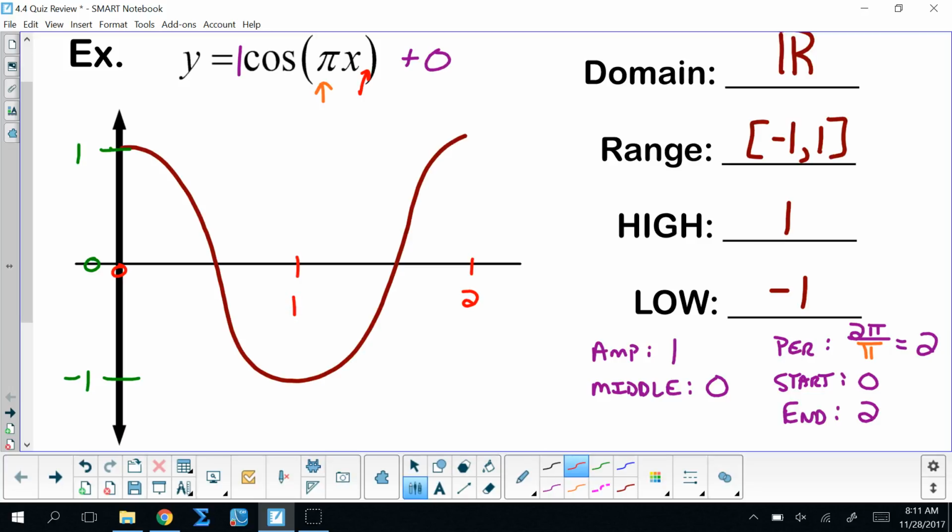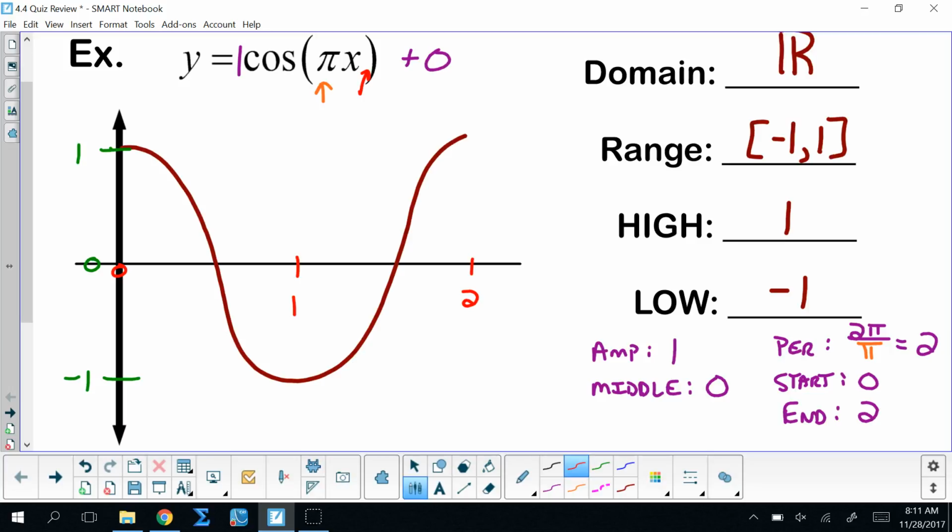Okay? Tomorrow on your quiz, green is going to be worth a point. Red is going to be worth a point. Brown is going to be worth a point. And all this stuff over here is going to be worth a half a point. So we don't need to label the in-betweens of the points?